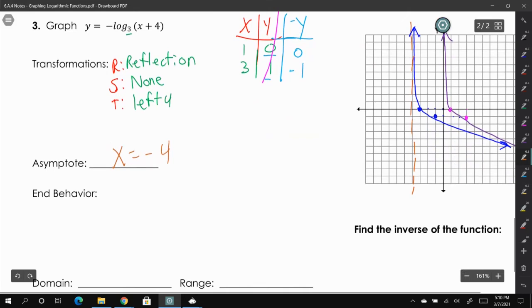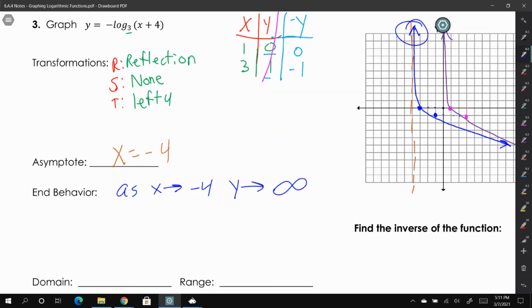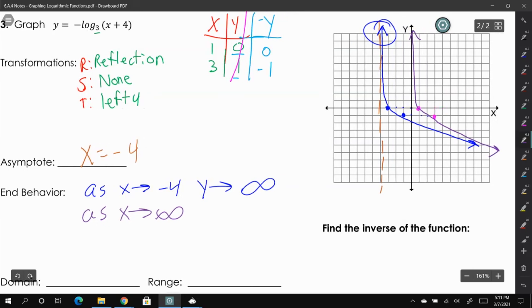Our end behavior, as x approaches negative 4, the y values are going up. Look at this end. As we get closer and closer to negative 4 on the x-axis, the y values are going up to infinity. And then going towards infinity, when we look at the x values, the y values are going down.